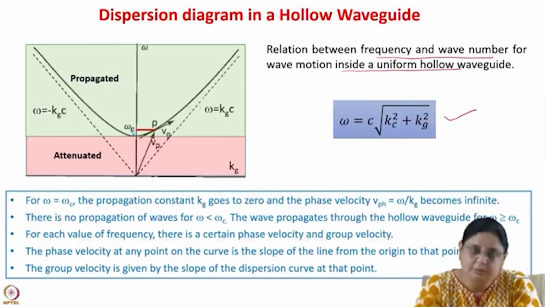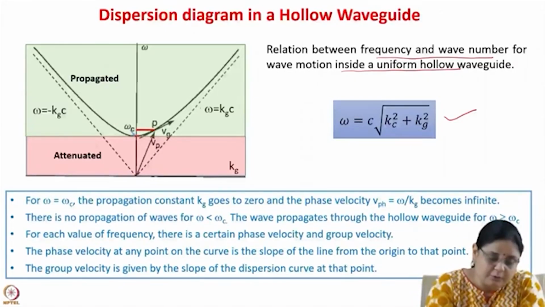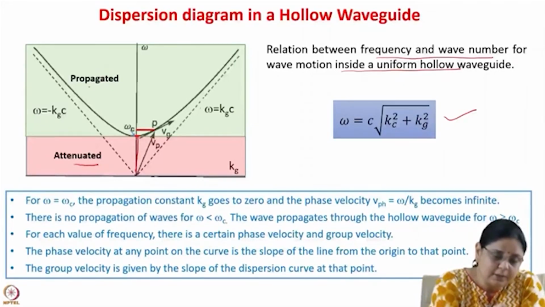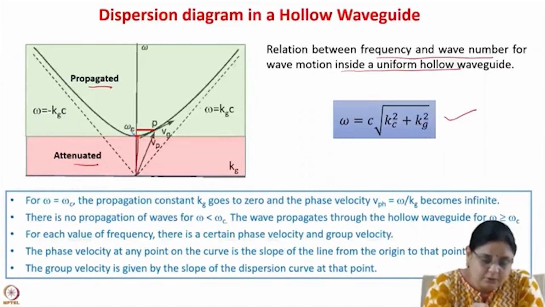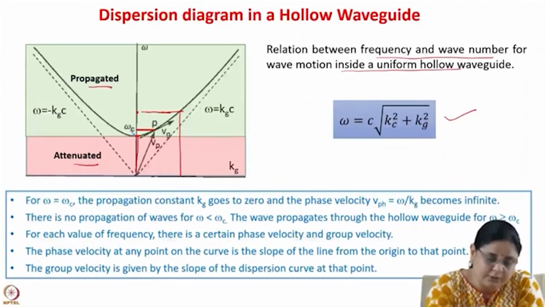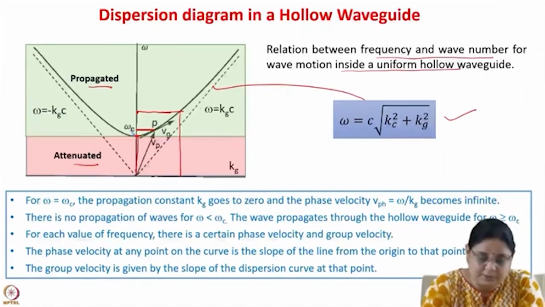For a waveguide, any frequency below the cutoff frequency is attenuated, and any frequency above the cutoff frequency will be propagated. Above the cutoff frequency, you can choose any frequency here. It will propagate with a propagation constant kg corresponding to this. This curve has been drawn from this expression.